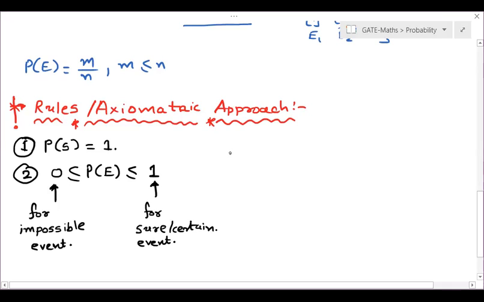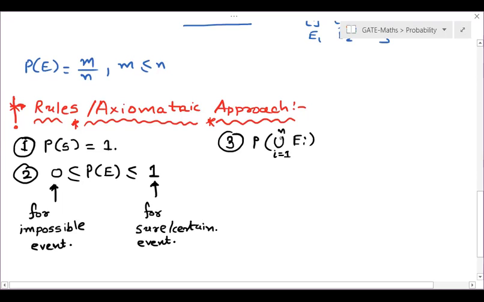Now, third: if you have to find the probability of the union of all the events, and suppose you are having n events in general, from 1 to n.